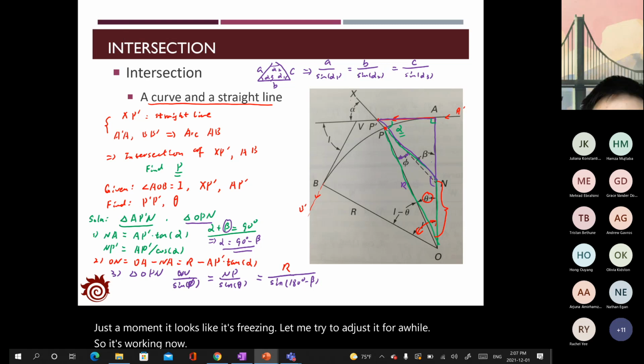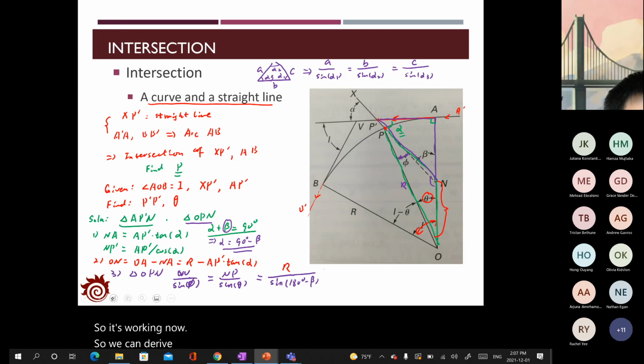So with that, we can derive the relationship as sine phi equal to ON divided by R times sine 180 degree minus beta.